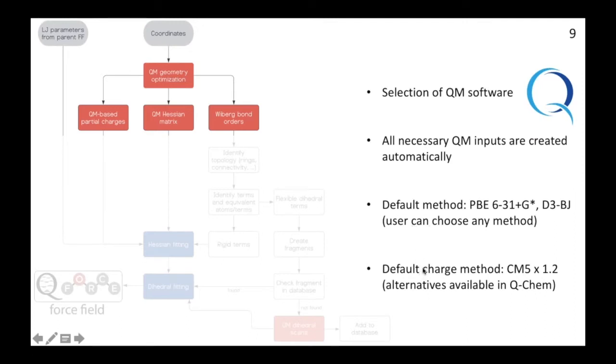And for determining the charges, we use the CM5 charge model. And we scale these with a factor of 1.2. And this is for accounting for the condensed phase polarization. However, alternatives are available in Q-Chem, of course, and any of these can be used in combination with QForce.